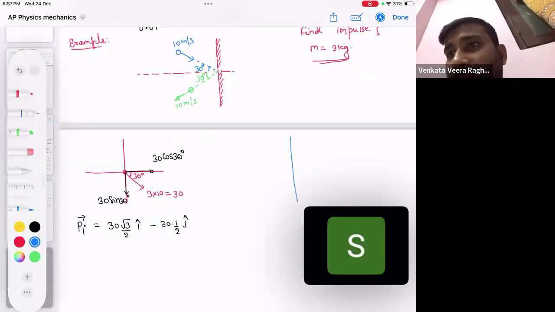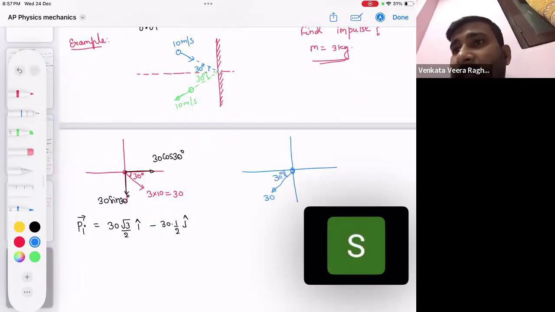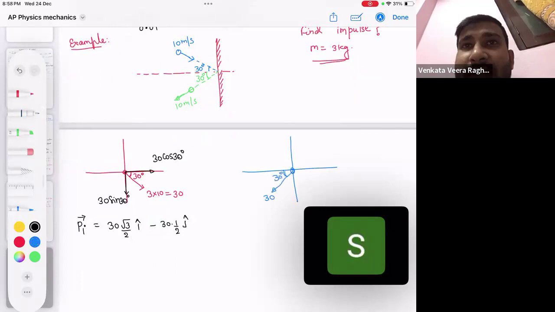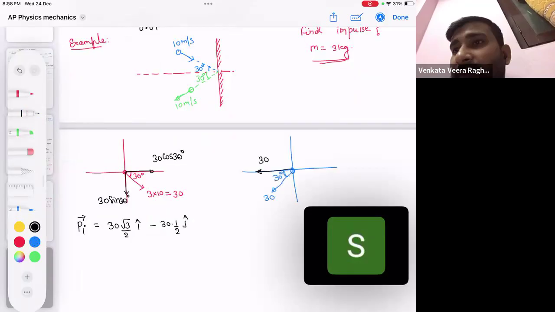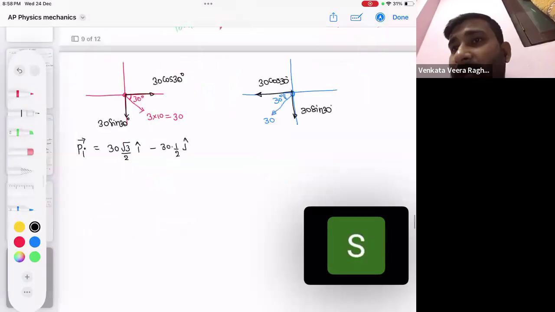Now let's go to the final one. Is the final velocity like this? Mass 3, velocity 10, so it's still 30. This angle is what? 30 degree. What are the components going to be now? The components are 30 cos 30 and 30 sin 30. So if you write your final momentum, what will you write?